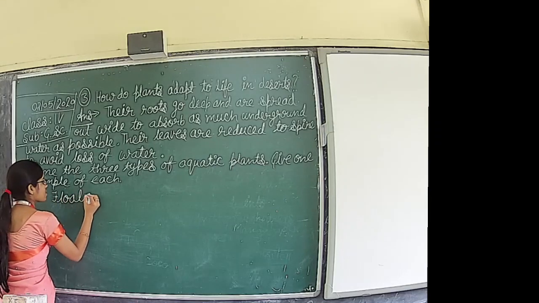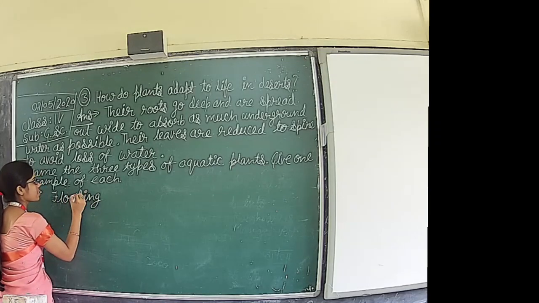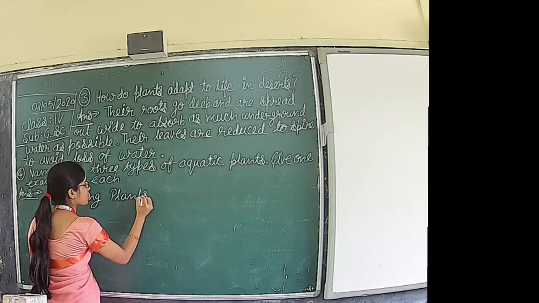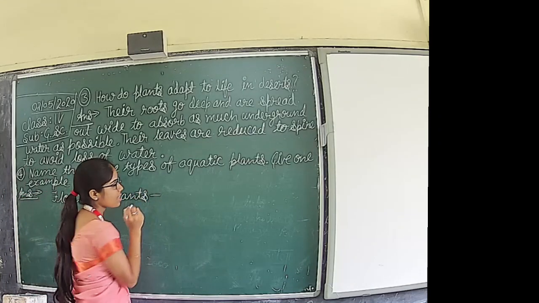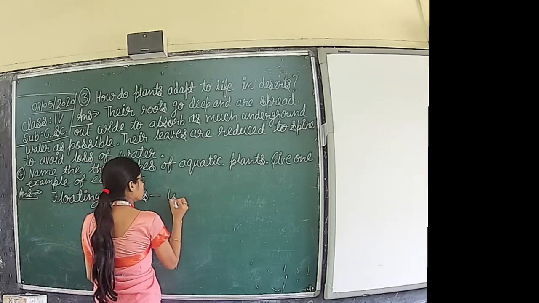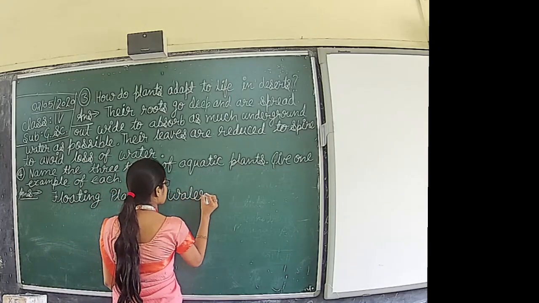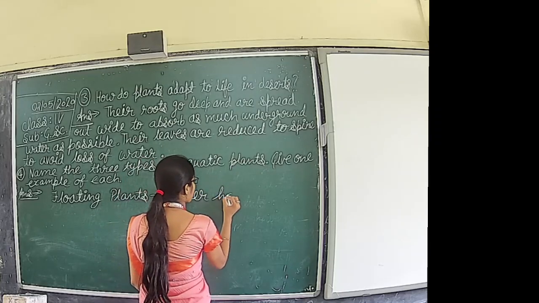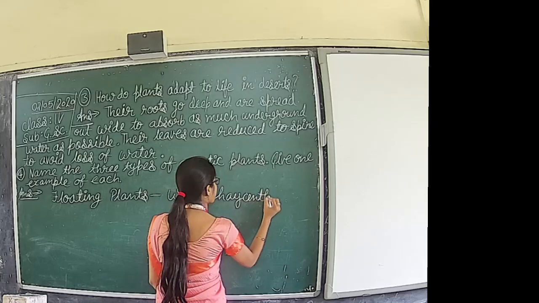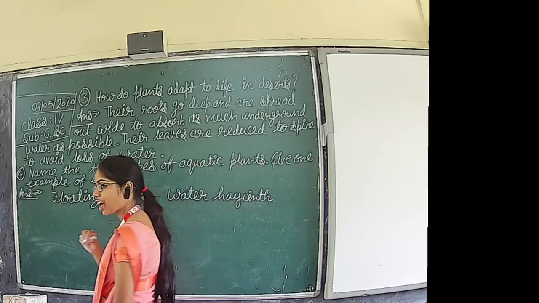First category of this plant is floating plant. And the example of floating plant is water hyacinth. Please write with me.